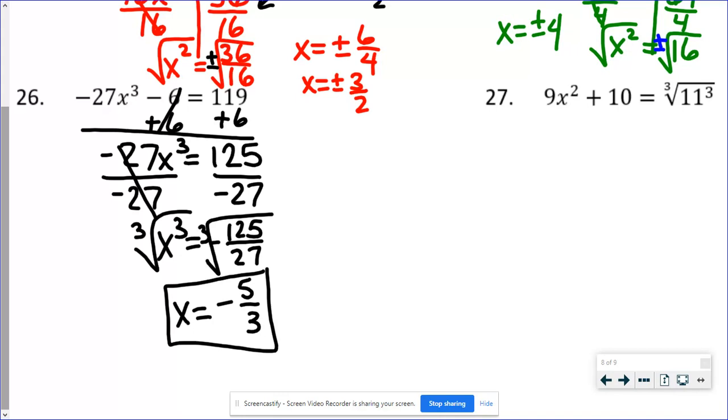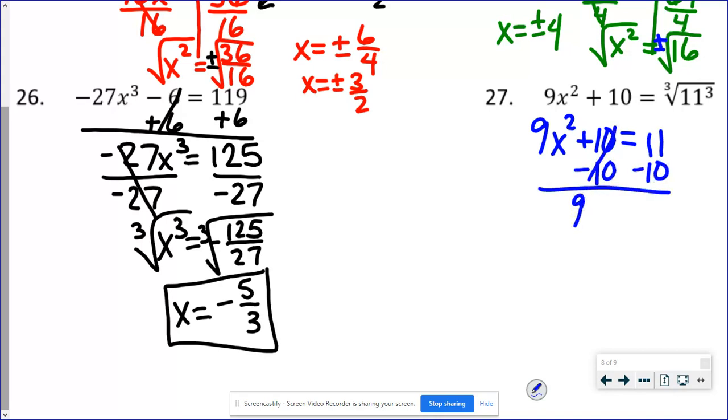Number 27, I tried to throw in as much stuff as I could here. I have 9x squared plus 10. Now, the cube root of 11 cubed, please do not cube 11 and then take the cube root of it. The cube root and the cube just cancel. That's 11. Then, when I subtract the 10, I have 9x squared equals 1.